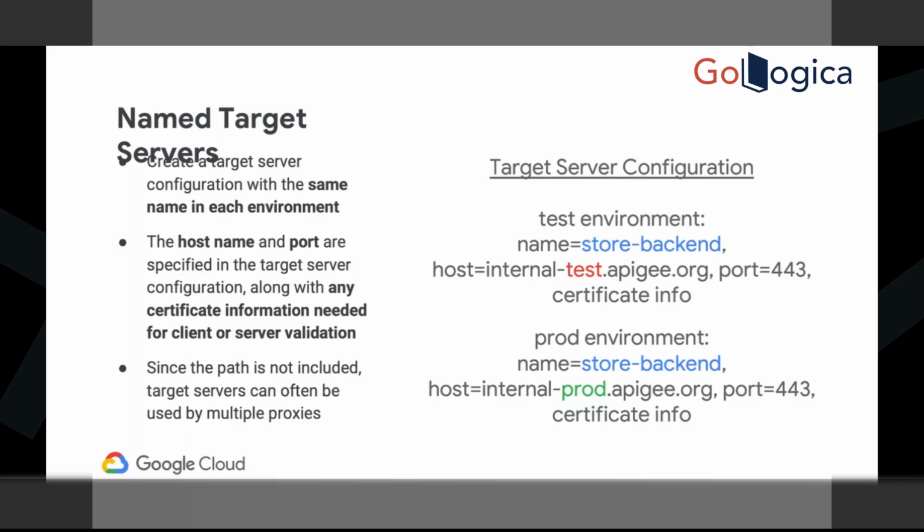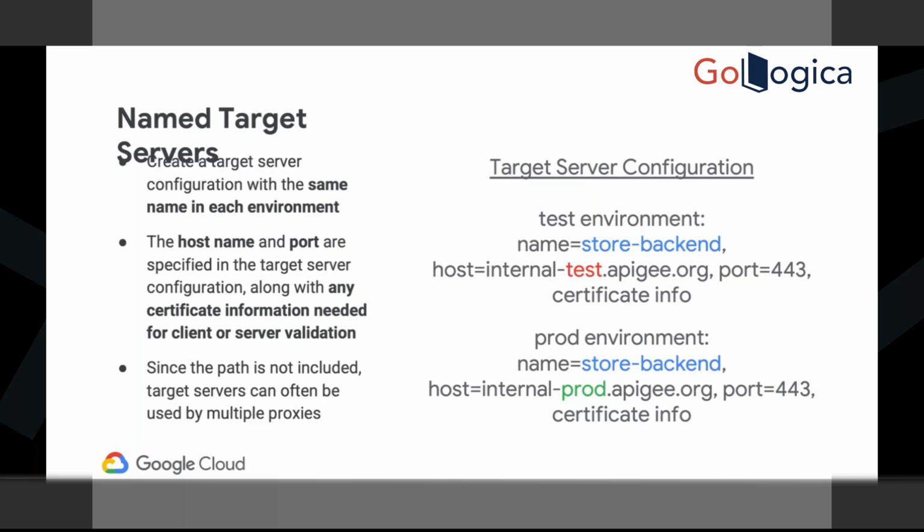Another benefit is that many times we have 10 proxies, and every proxy has the same backend environment. If my dev environment is connecting to the same backend dev environment for all the 10 proxies, you don't have to provide the URL 10 times, right?